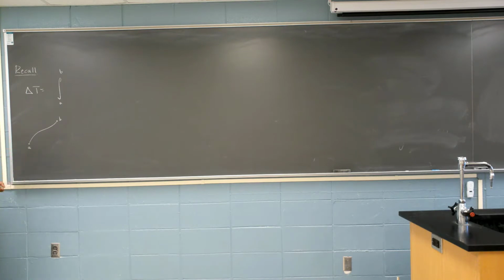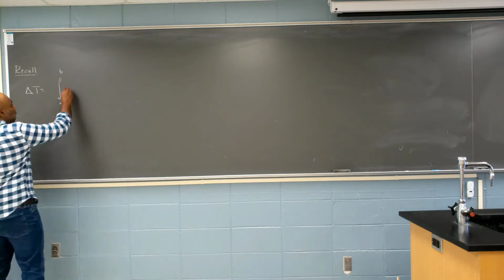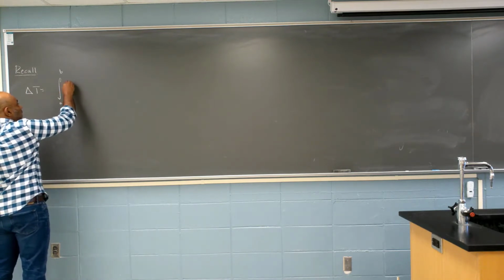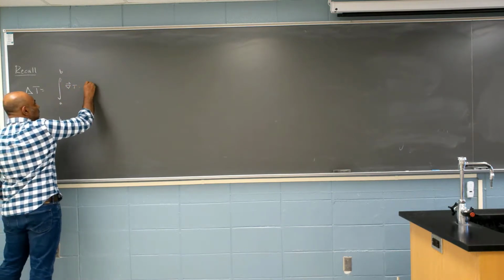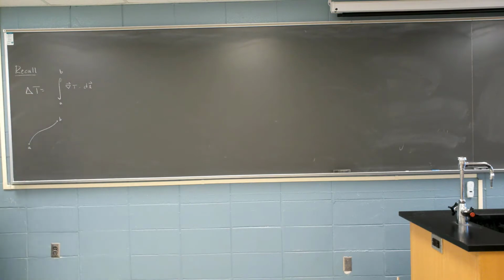It really doesn't matter. Delta t is equal to gradient of t dot dl along the curve. Much more can be said than along the curve, but at the moment, just along the curve.